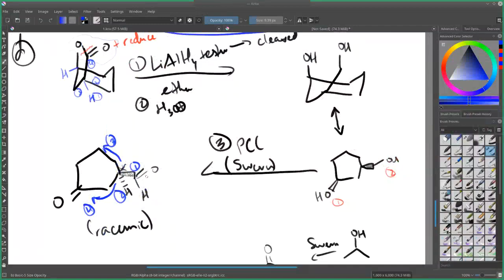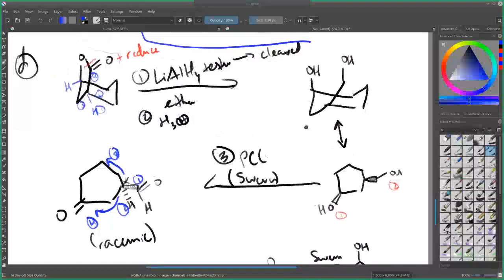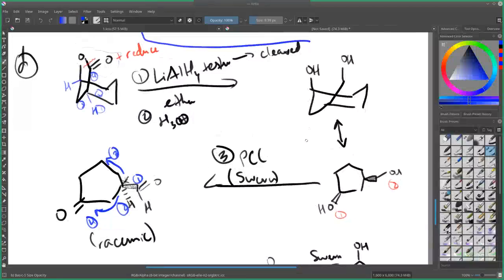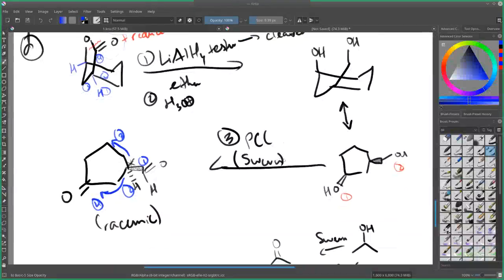So in this case, we wind up with this guy sticking. Yeah, that's interesting. I don't know if that's what you were going for, but this actually might wind up being enantiomerically pure. I didn't go through it all exactly.